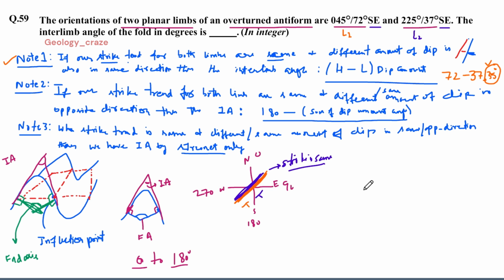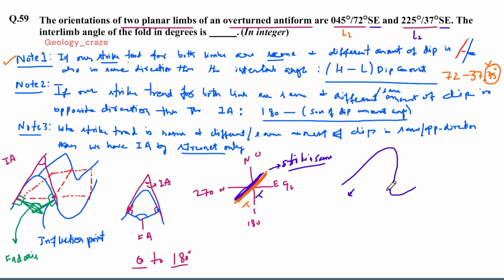now we will draw the stereonet as well. So we have an overturned fold. Suppose this is our overturned fold. One limb is getting overturned, from 90 degree, and both the limbs are dipping in one direction now.